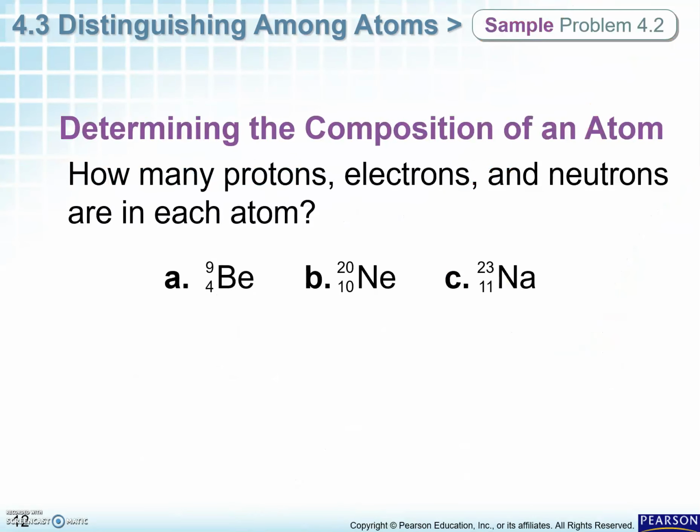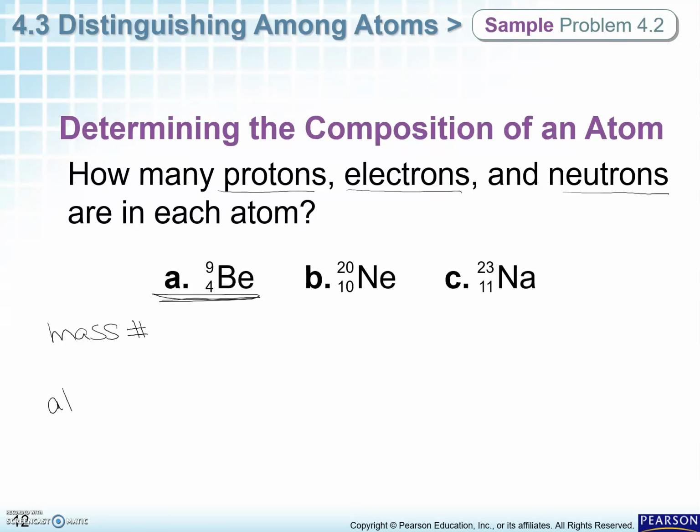So let's give the first one a try. Let's look at letter A first. Right now we're trying to figure out how many protons, electrons, and neutrons are in each atom. If you need to do this on a test, feel free to remember: your mass number is going to be your superscript.